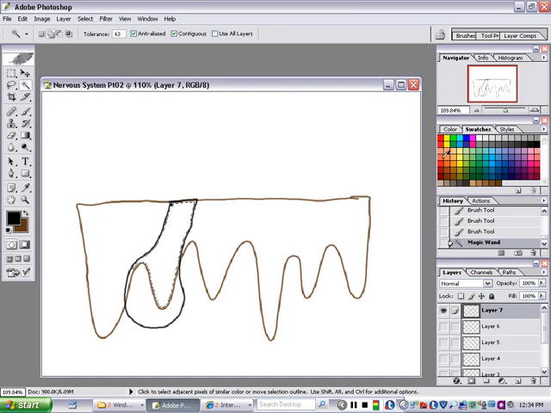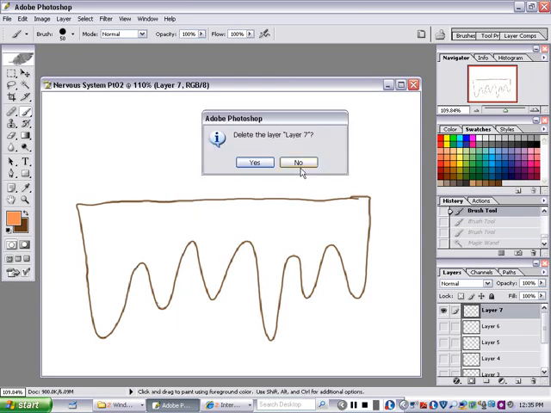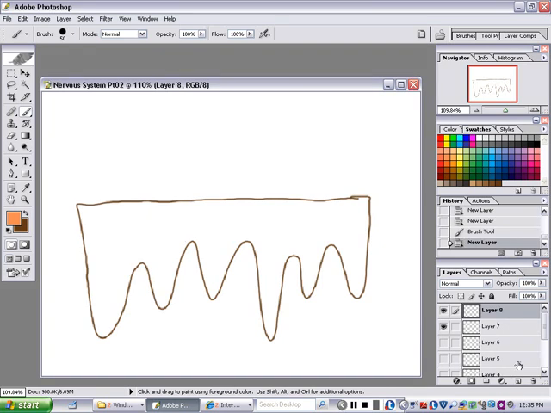Here we have ourselves a hair follicle. I'm going to just shade my hair follicle here. I did something wrong there. I need to do this. Okay, there's our hair follicle.